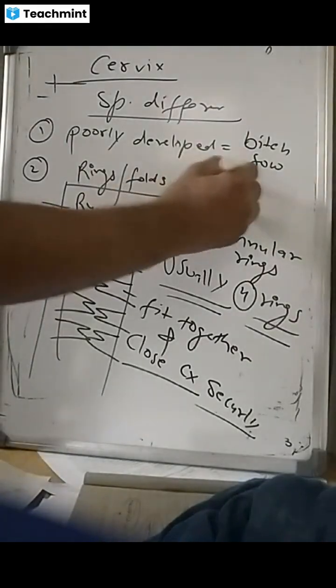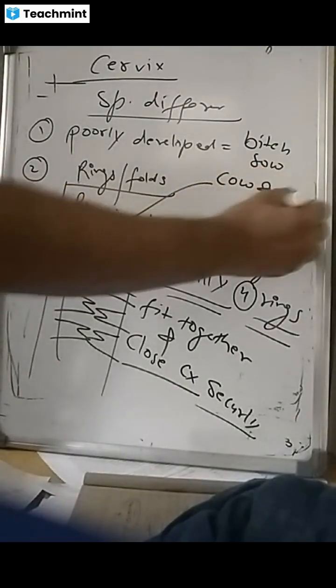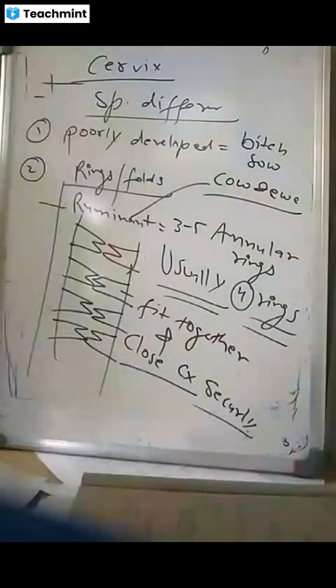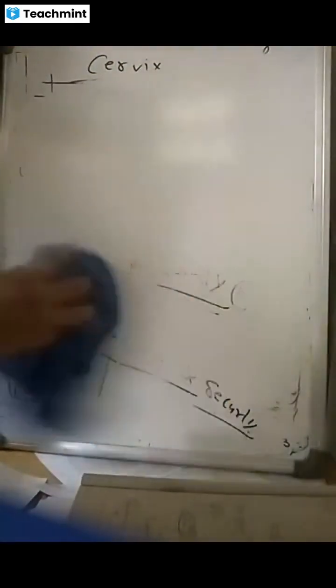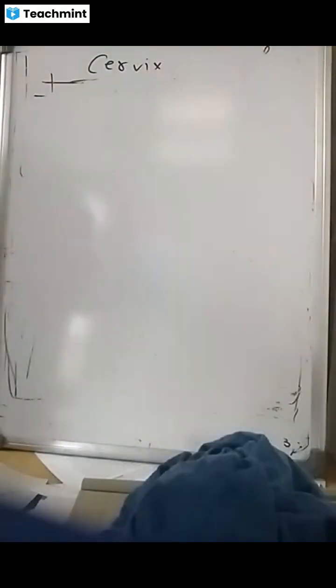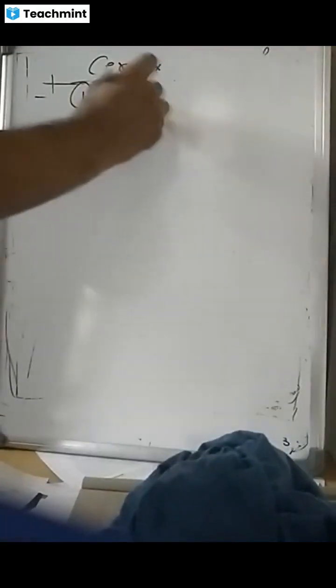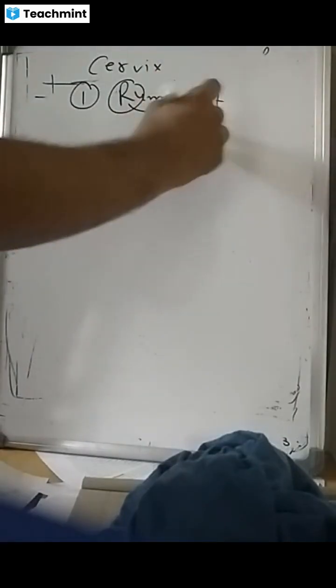These are more prominent, mainly remember cow and ewe. So four prominent rings are there.